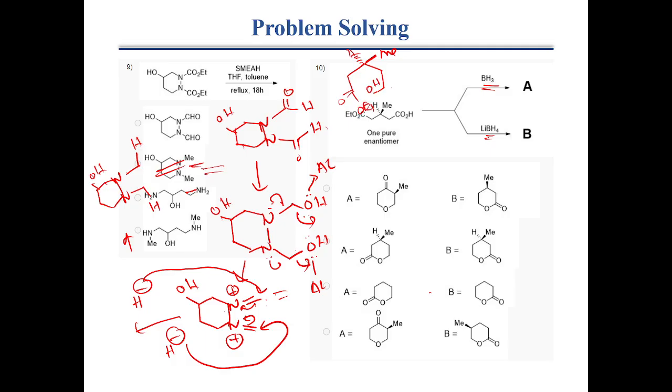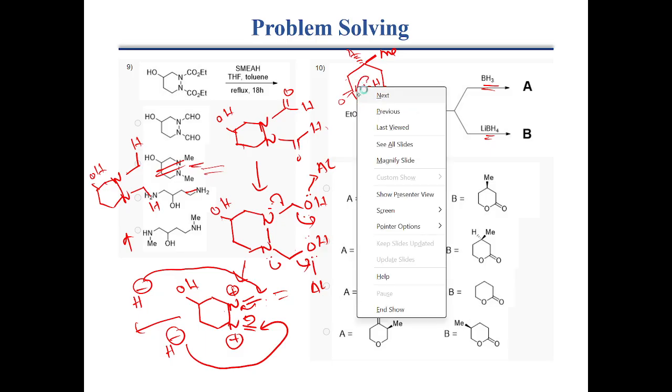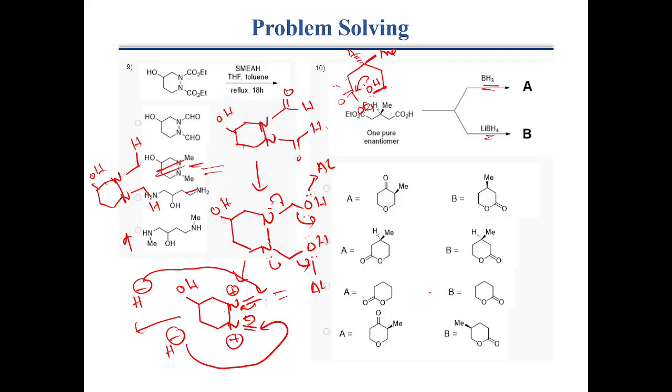So that acid is reduced to alcohol. Now this alcohol has a lone pair on oxygen, so it will attack the carbonyl of the ester. This will migrate and ethanol will be liberated. This will give this product.